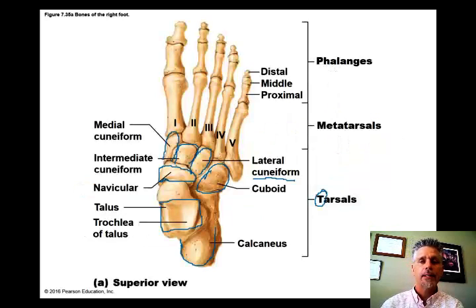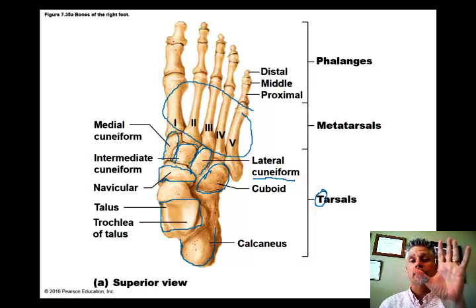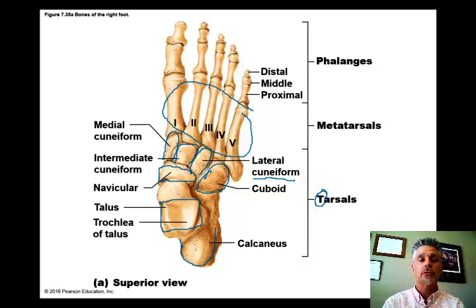When we get back again to here, we look at the bones of the foot, and we name them the same way that we named the bones of the hand. 1, 2, 3, 4, 5. Here we call them metacarpals, now we call them metatarsals. Now the wacky thing is when you get out to the toes, they actually have the exact same names as the fingers. I don't understand that. There should be something different, right? But it's not.